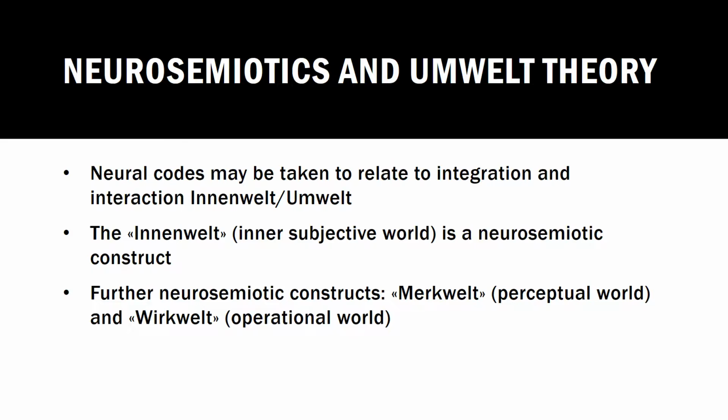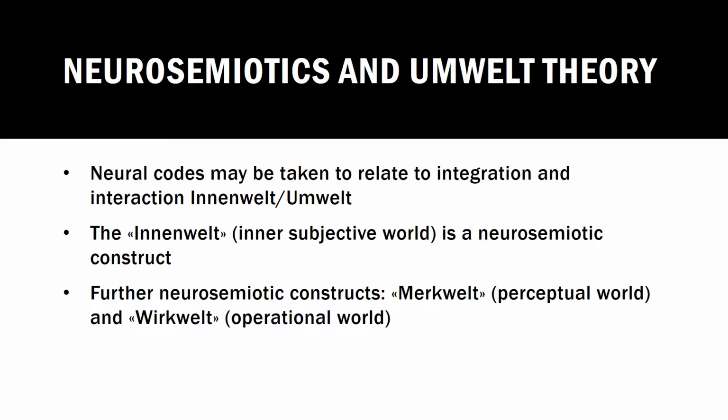So it relates also to the animal's distinction between what is inside it and its body and what is outside, what is the environment surrounding it. There are, in addition to recognizing that the Innenwelt is a neurosemiotic construct, addressing how the nervous system works, we can also acknowledge that other central coinages by Küll, such as the Merkwelt and the Wirkwelt, are also really neurosemiotic constructs.